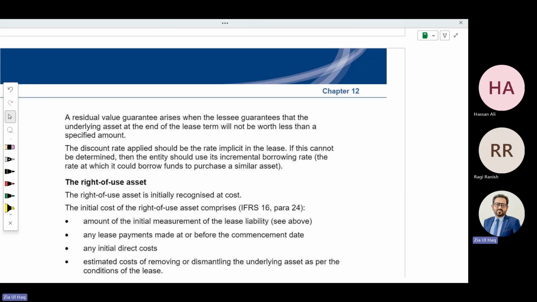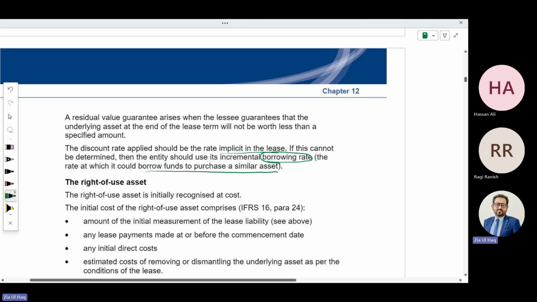So that will be used as the discount factor. The discount rate applied should be the rate implicit in the lease. If this cannot be determined, then the entity should use its incremental borrowing rate. It means if the discount rate is not given, we will use the borrowing rate, meaning the interest rate, the rate at which it could borrow funds to purchase a similar asset.